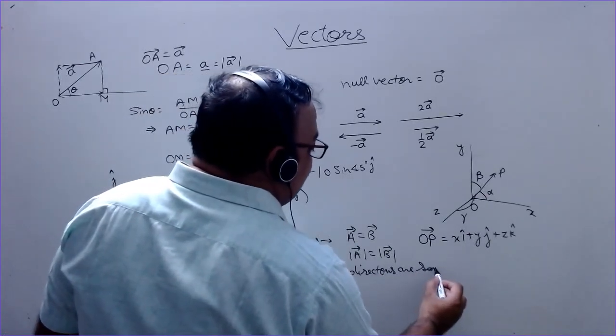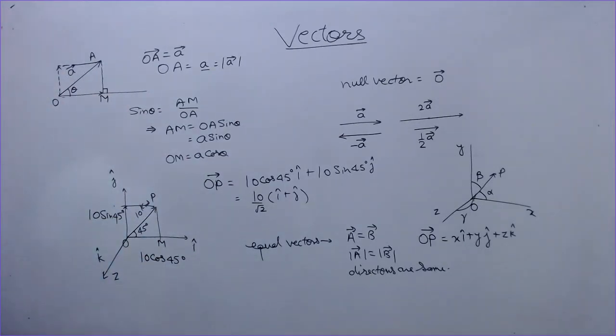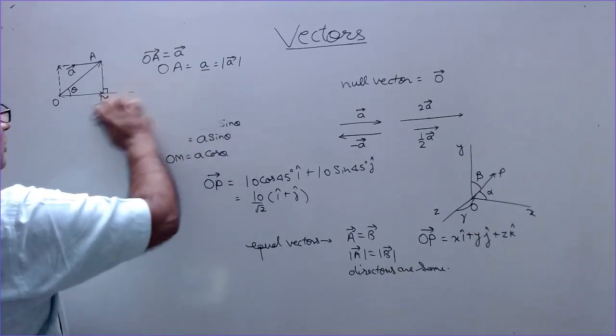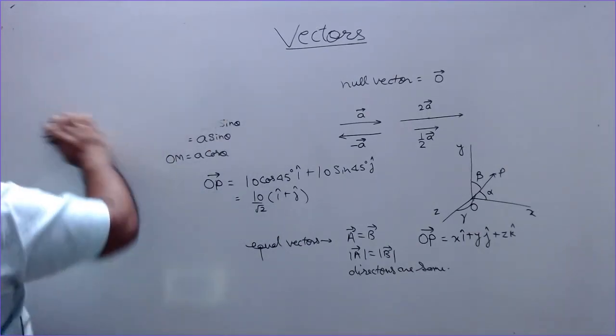Only then can two vectors be classified as equal vectors. So these are some of the basic terms of vectors. Now we can add or subtract vectors. This can be done graphically, or by using the rules of addition of vectors.